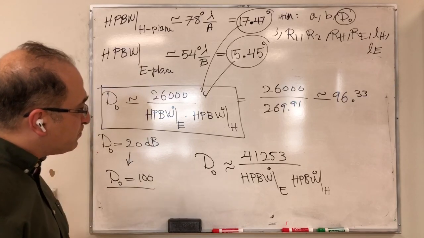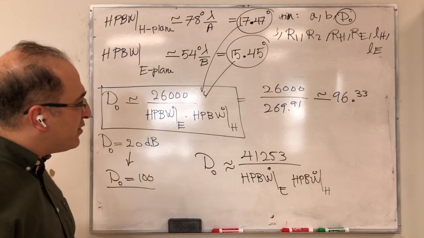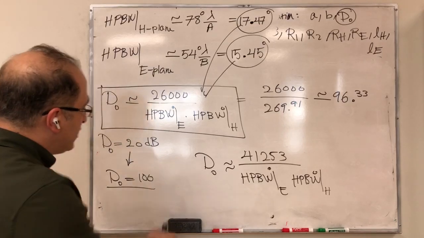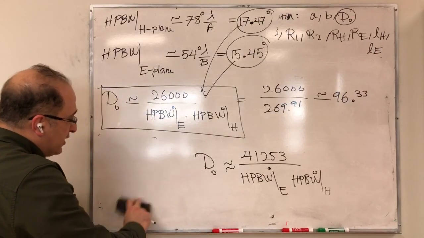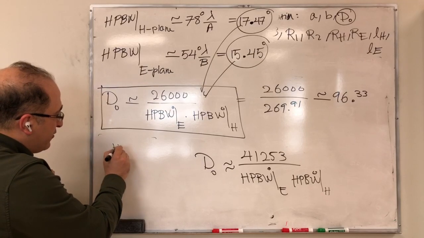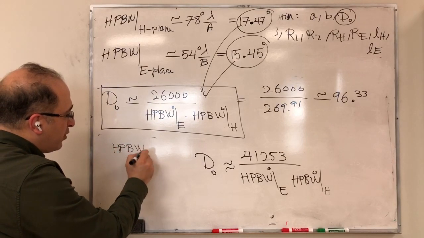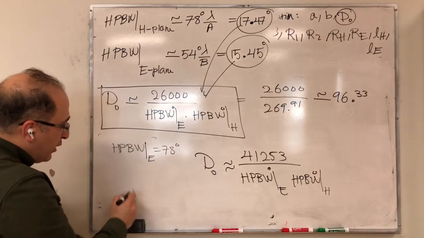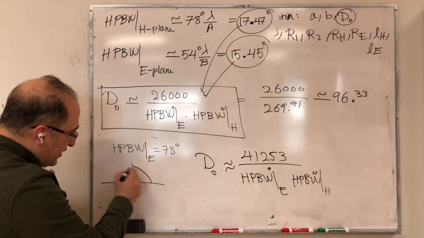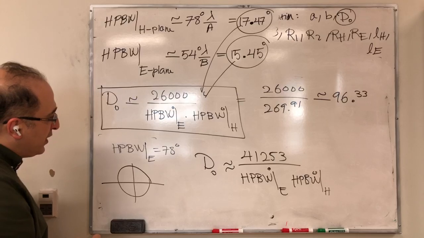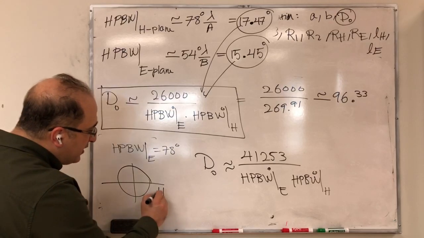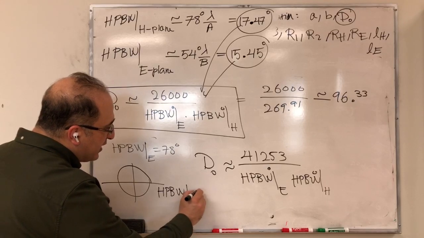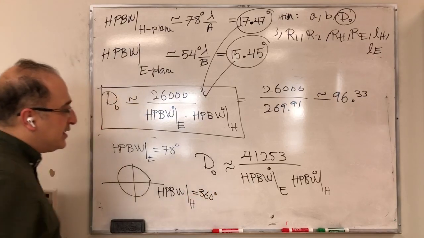For example, in the case of a half wavelength dipole antenna, if you'd like to use this type of equation, you could say that the half power beamwidth in the E plane is 78 degrees, but in the H plane, as you see, it's omnidirectional. Because it's omnidirectional in the H plane, you may say the half power beamwidth in the H plane is 360 degrees.